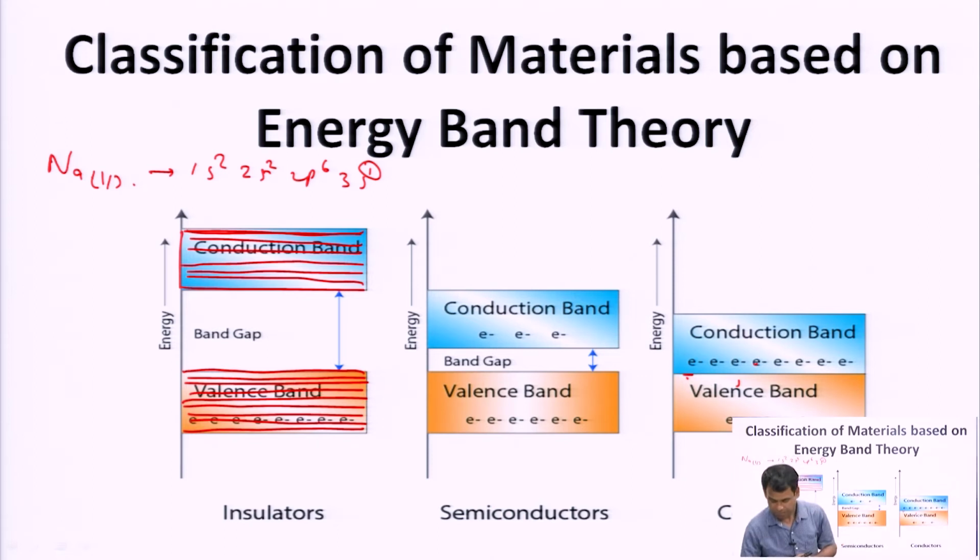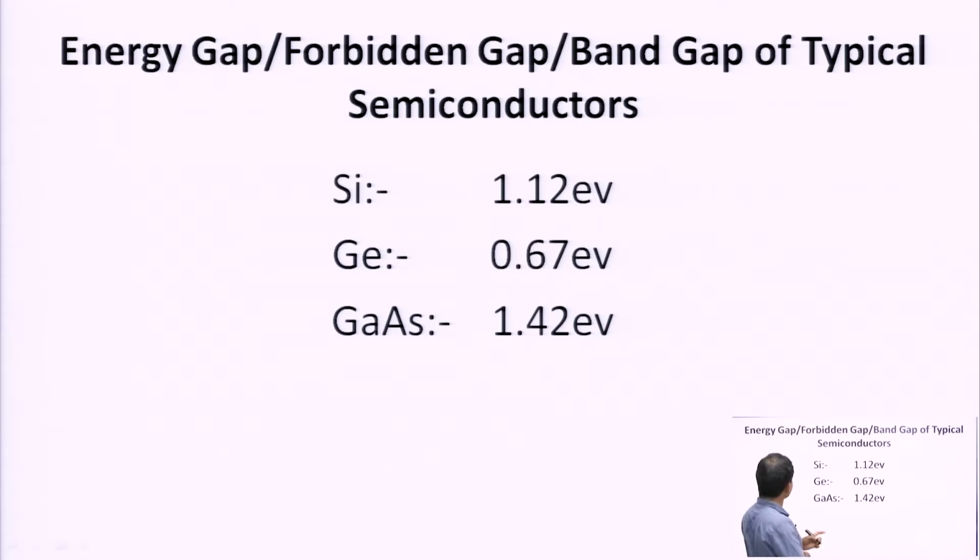The energy gap of silicon is 1.1 electron volt and germanium is 0.67 electron volt, and there is a mixed type of semiconductor, gallium arsenide, whose energy gap is 1.42 electron volt. So, you can say these energy gaps are in the order of 1 electron volt.